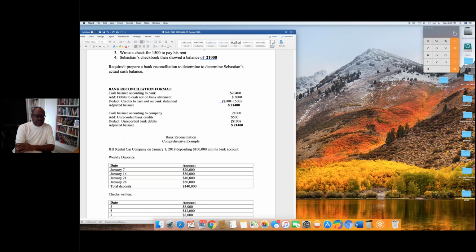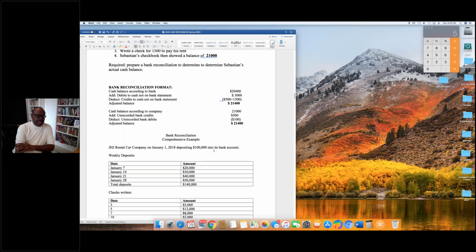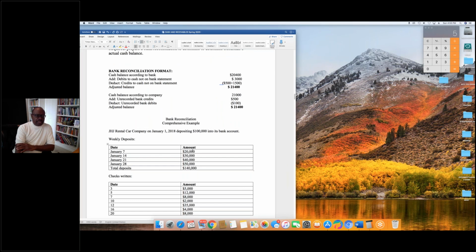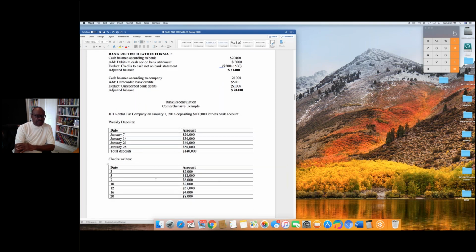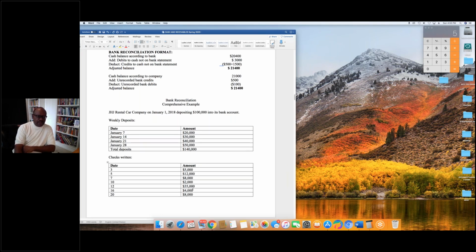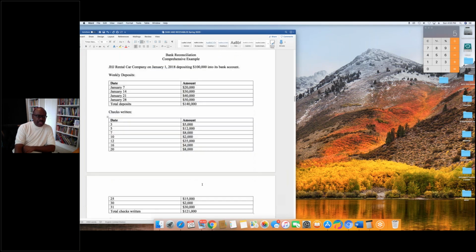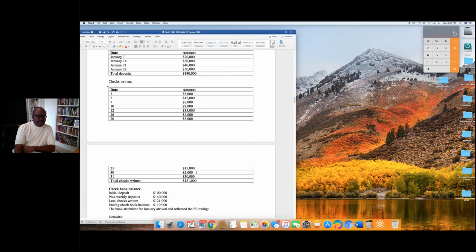They deposited $100,000 into the bank, and they made the following weekly deposits: 20, 30, 40, 50, for a total of $140 plus the $100,000 beginning deposit. They wrote checks on these dates: 3, 5, 7, 10, 12, 16, and 14, 5, 12, 8, 2, 35, 4, and 8. So 15, 2, and 31.